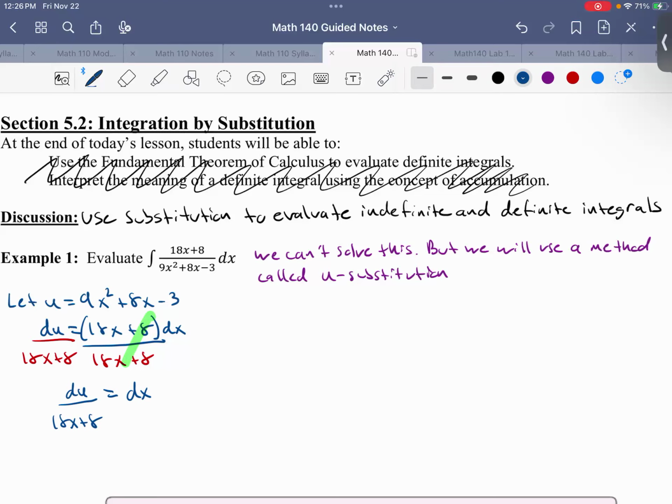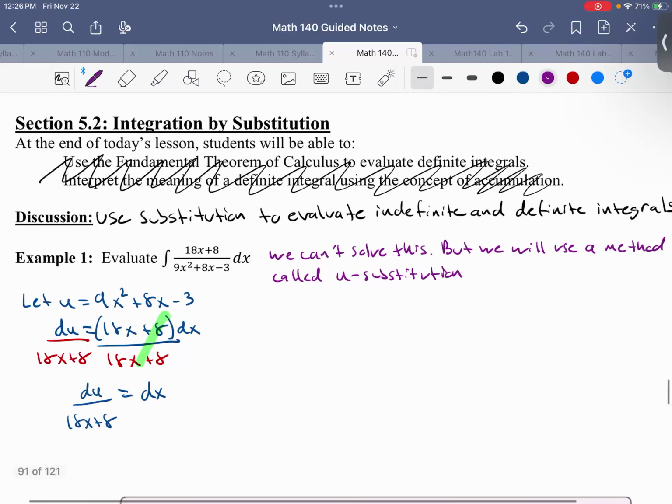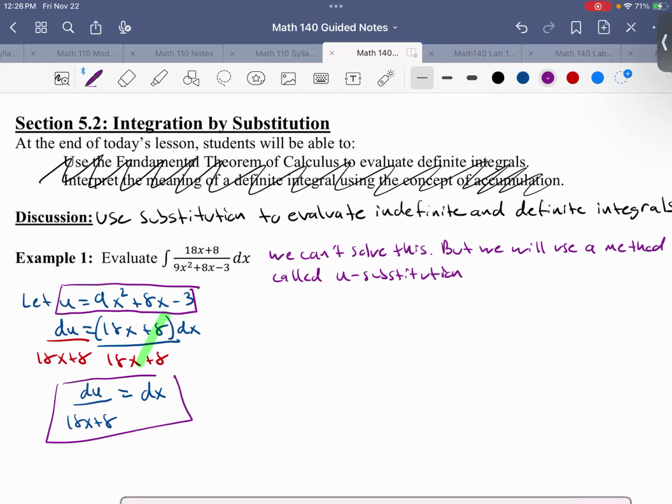So now, since this is called the substitution method, I'm going to substitute everything that I came up with in terms of u into that integral. So coming back down here, I'm going to have the integral.